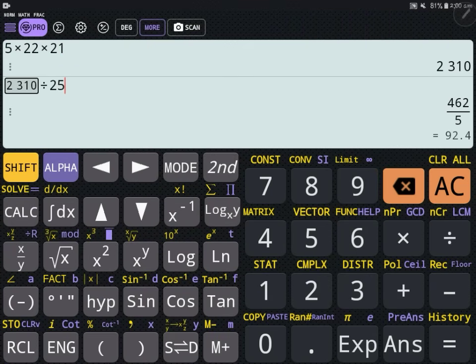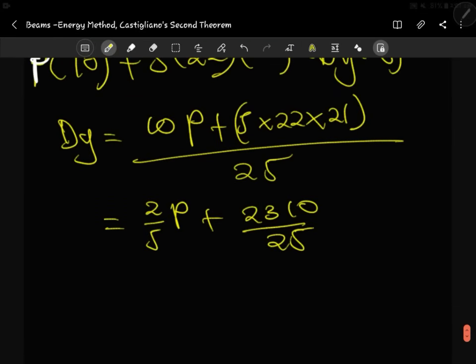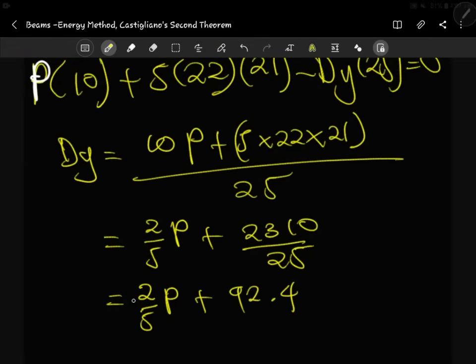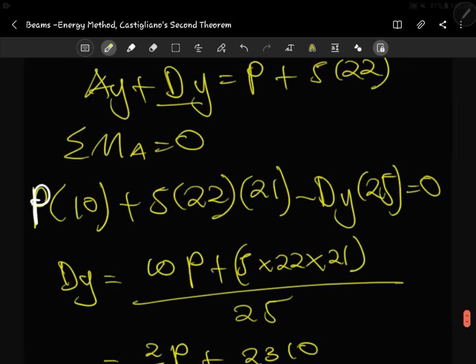Right, 25. That gives us 92.4, right? So our Dy is 2 on 5 P plus 92.4. Naturally this should be force, so kilonewtons, right, to be precise.